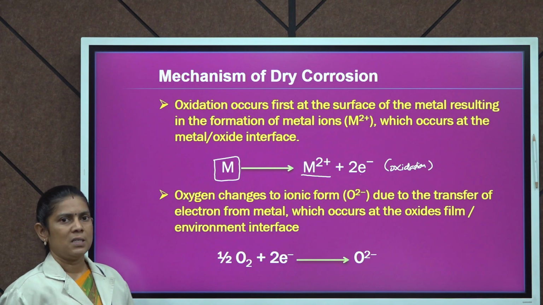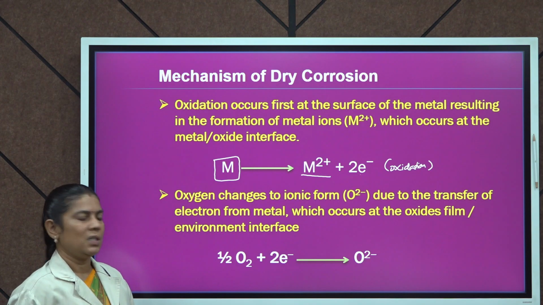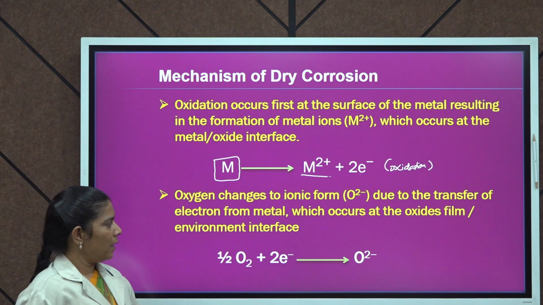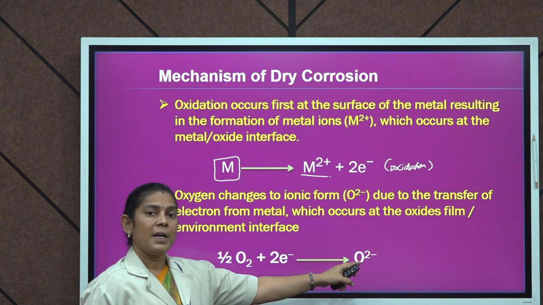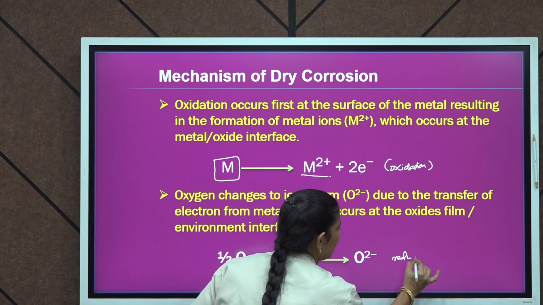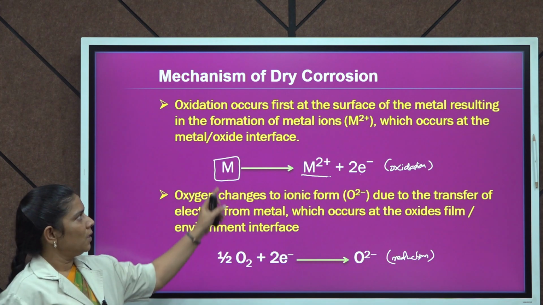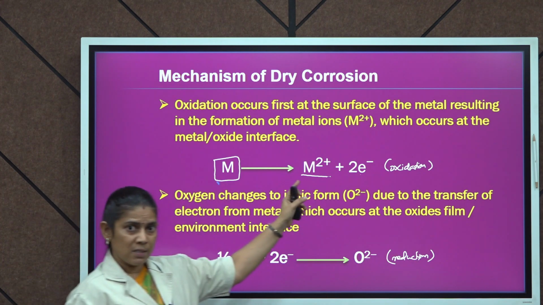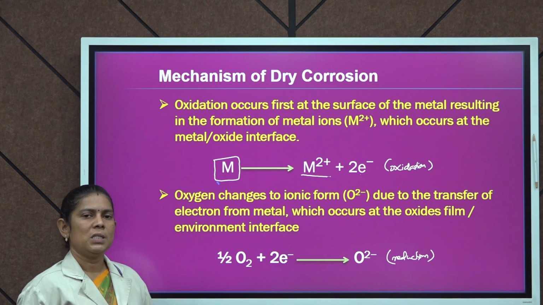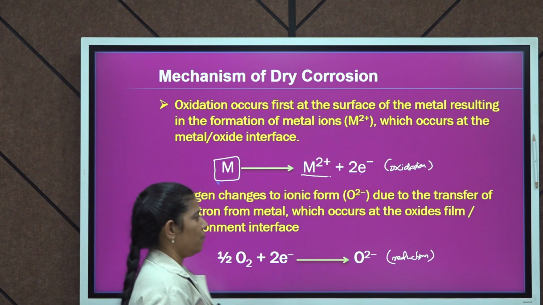At the second stage, oxygen present in the environment accepts the electrons released from the metal surface and gets reduced into O2 minus. This is called reduction, right? So the metal gets oxidized and converts into metallic ion, and oxygen from the environment accepts the electrons and gets reduced into ionic form.